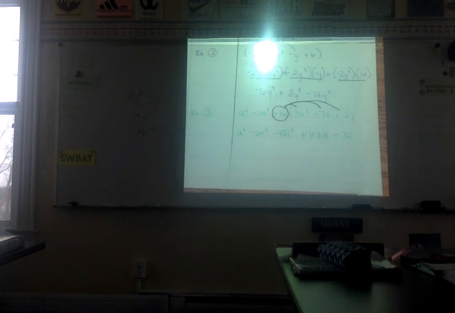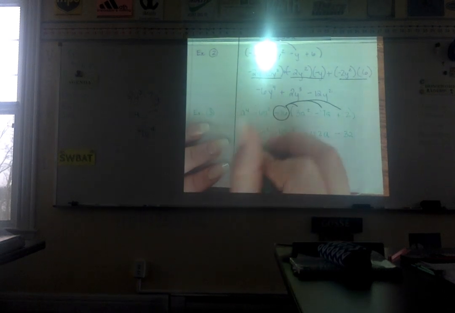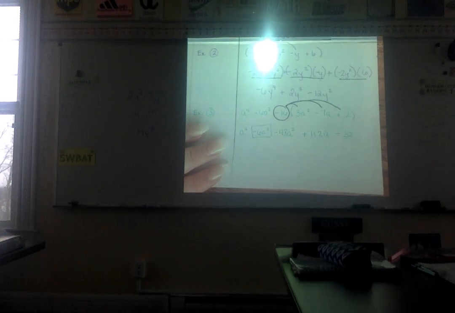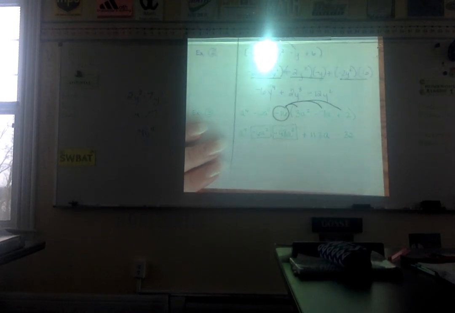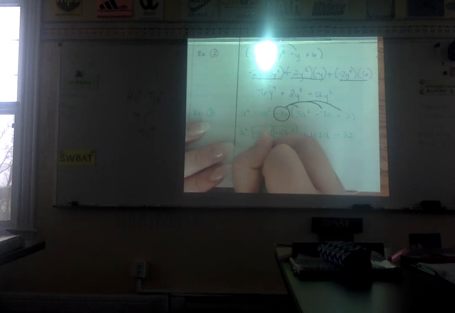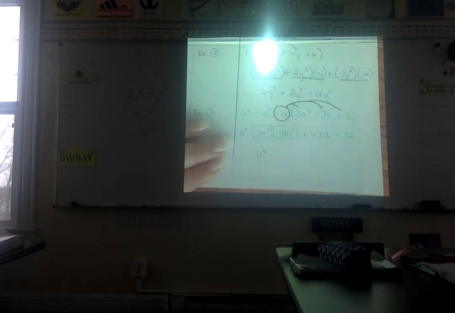What are the terms we can combine, Sylvia? Negative 6a squared. Negative 48a squared. And that's it, all right? So we still have a to the power of 4, and we have negative 6a squared minus 48a squared.